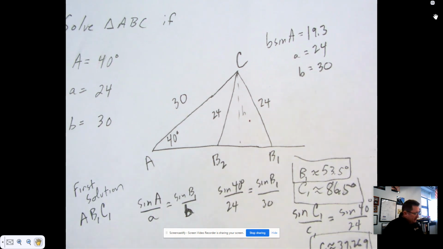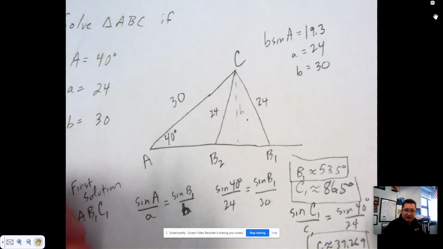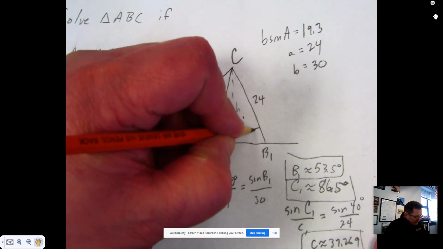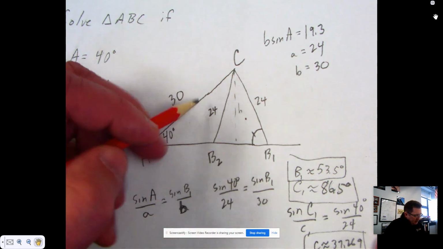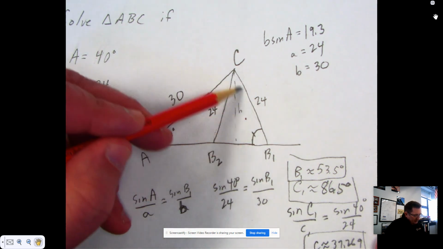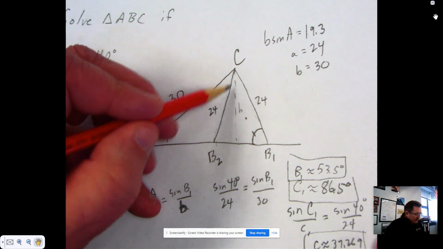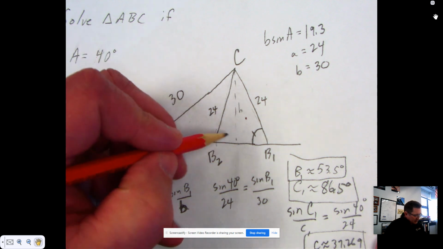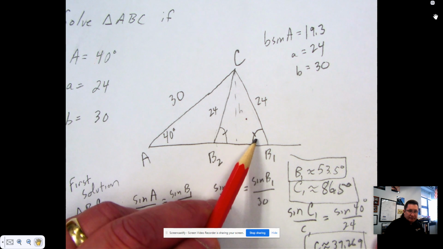Now, here's the thing, folks. I know that this video has been riveting, but here's where it gets serious. We just found this angle B1. I know that this triangle, which I'm tracing with my fingers, is not one we're trying to solve, but I hope you would agree that the triangle B1, B2, C is isosceles, which means this angle is the same as that angle.